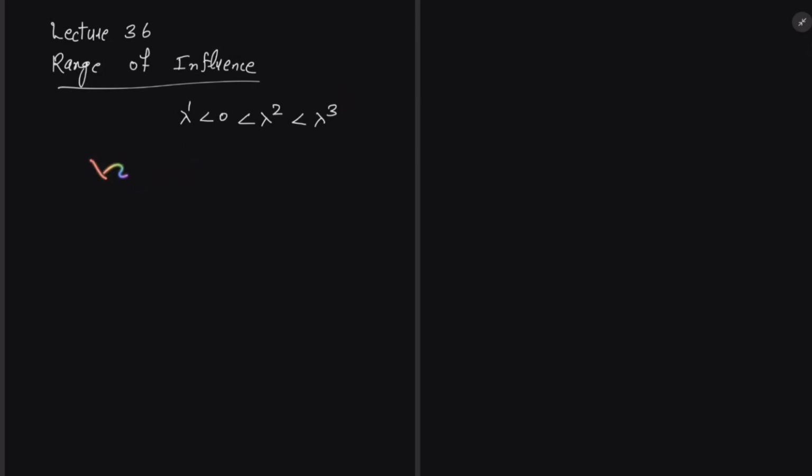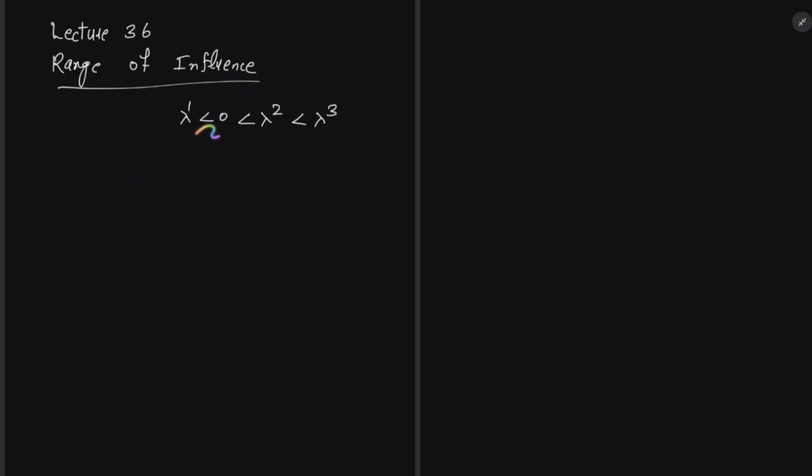These lambdas decide the speed of characteristics. And the eigenvector W decides in which direction the speed is, in which direction the fluid is moving.